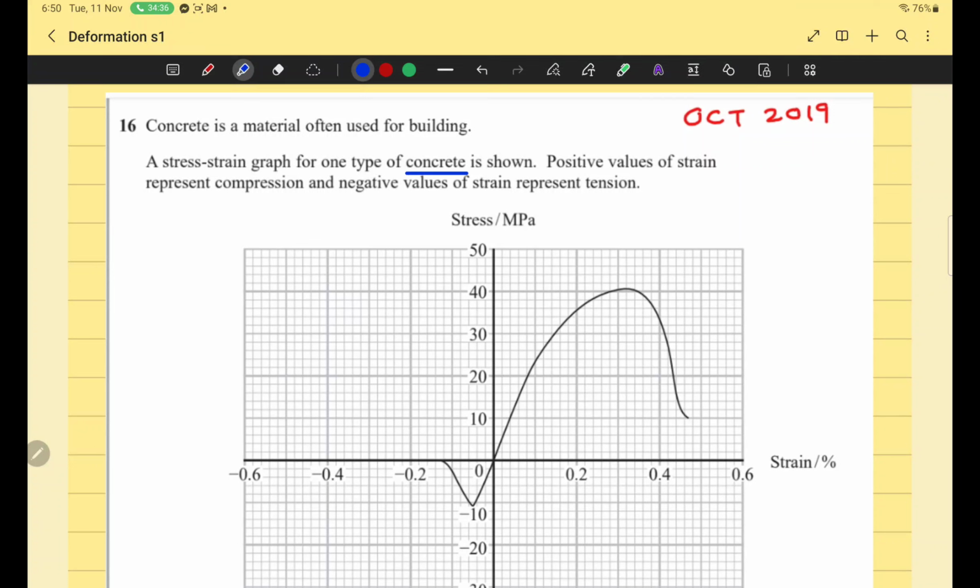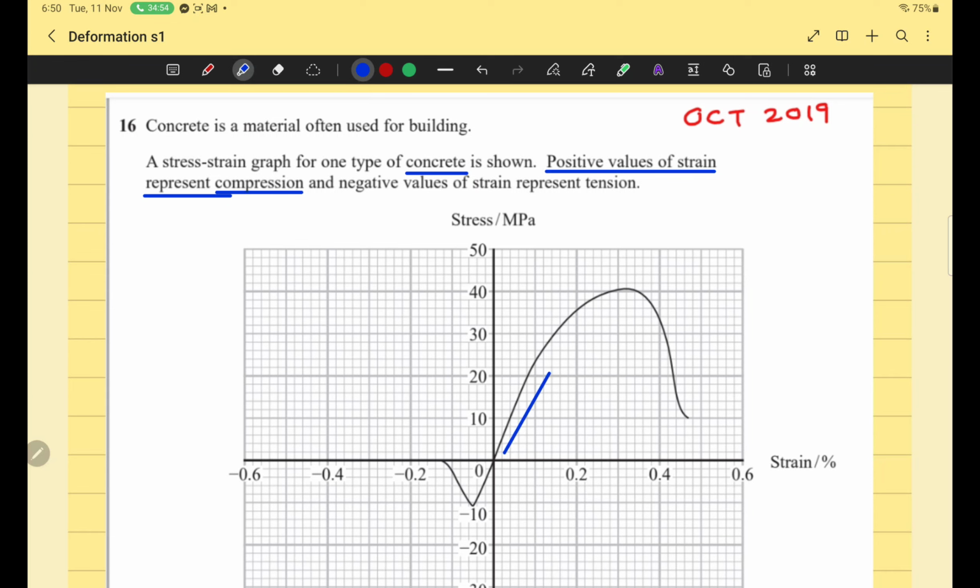Simra, do you know the meaning of concrete? Okay. So concrete is a type of material which is used in the construction of buildings. The positive values of the strain represent compression.